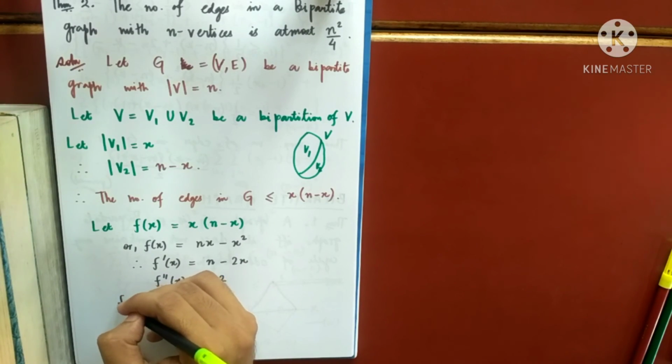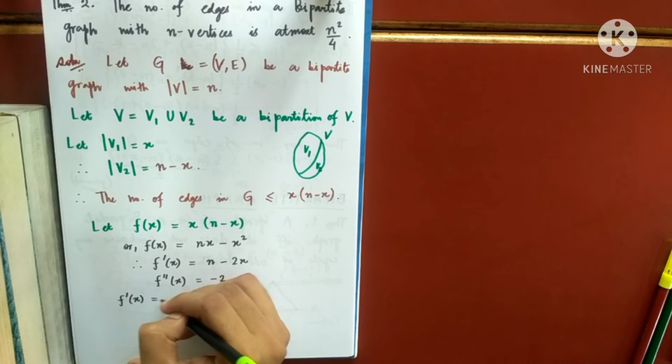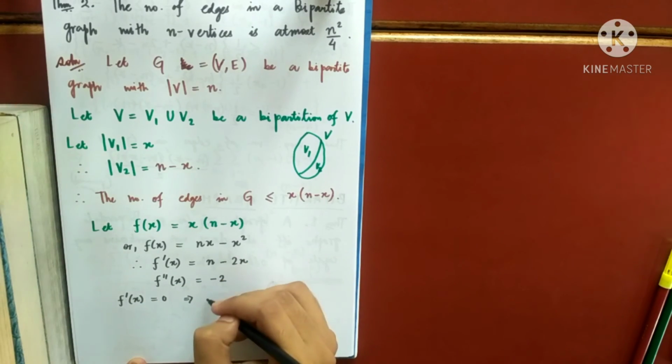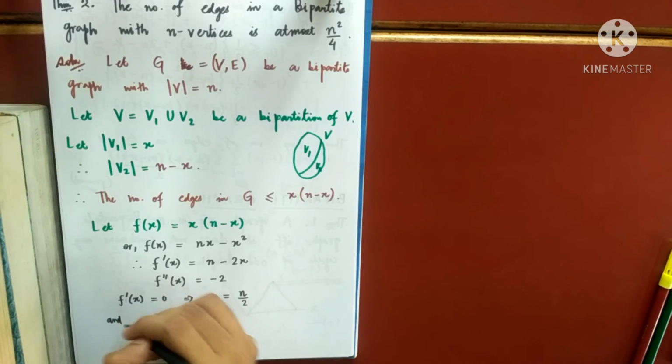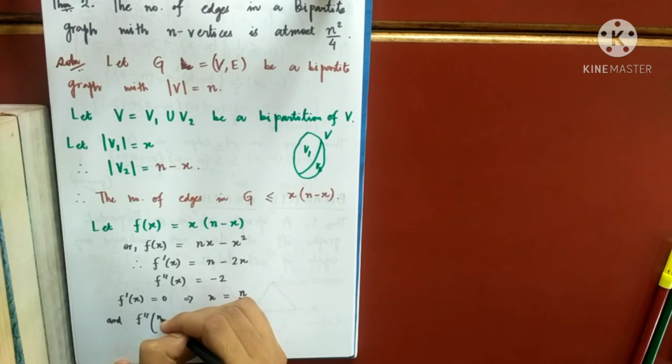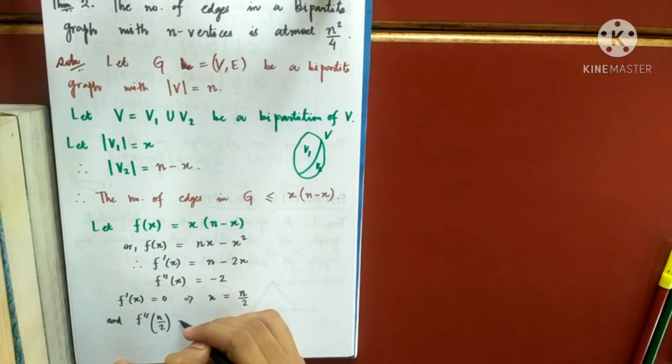For maxima and minima, we equate the first derivative with 0. What is the value of x I am getting? n by 2. And if I put n by 2 in the second derivative, I am getting minus 2, which is less than 0.